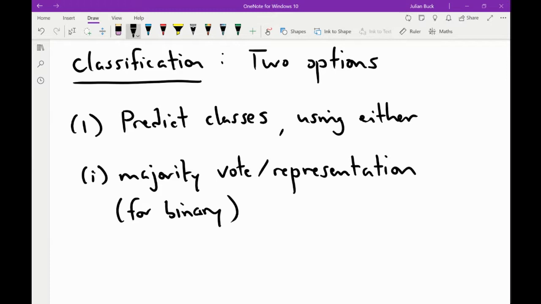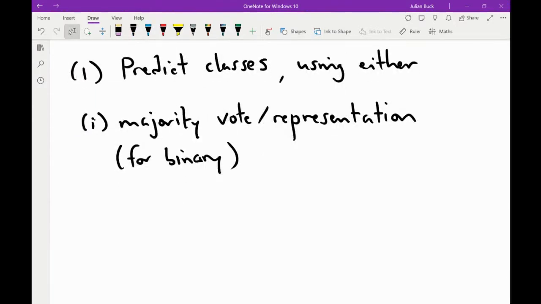That's very simple. Now, if you're doing multinomial classification, like say we're trying to classify digits, doing digit recognition, an example I've mentioned before that we'll talk about later in the course. There you've got 10 possibilities, 0, 1 through 9, and you're trying to predict which one of these digits this shape is. Well, it could be that there isn't a majority representation.